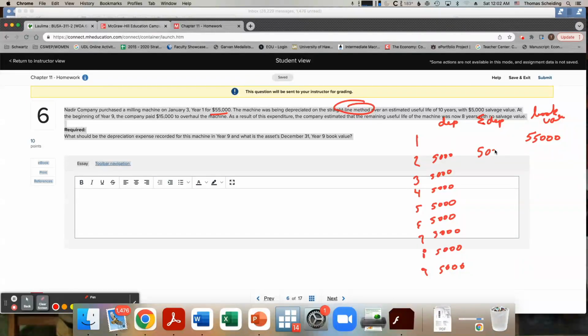So this is 5,000, then 5 plus 5 is 10, 10 plus 5 is 15, 15 plus 5 is 20, 20 plus 5 is 25, 25 plus 5 is 30, 30 plus 5 is 35, and 35 plus 5 is 40,000.